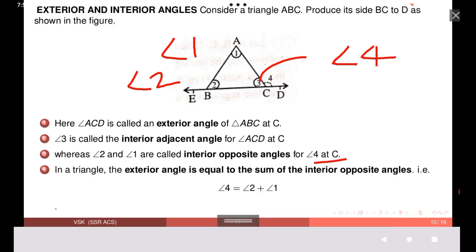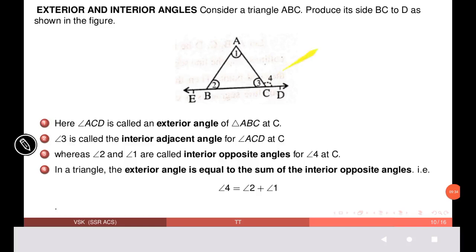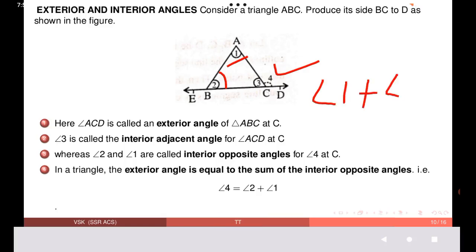It is very clear from this picture that 1 and 2 are the interior opposite angles for angle 4 at C. In a triangle, the exterior angle is equal to the sum of the interior opposite angles. That is important. Here this is exterior angle 4 and the interior opposite angles are 1 and 2. So angle 1 plus angle 2 will be angle 4. That is very important. You should keep this in mind.